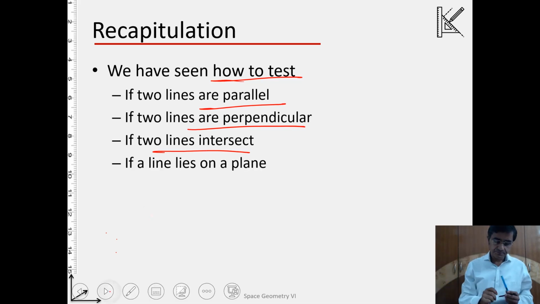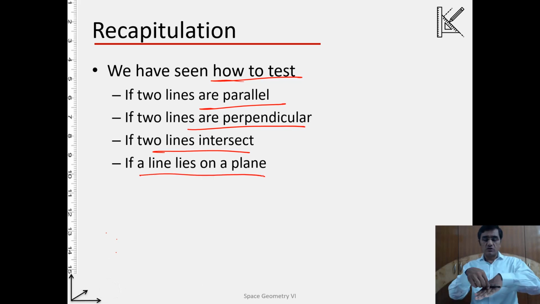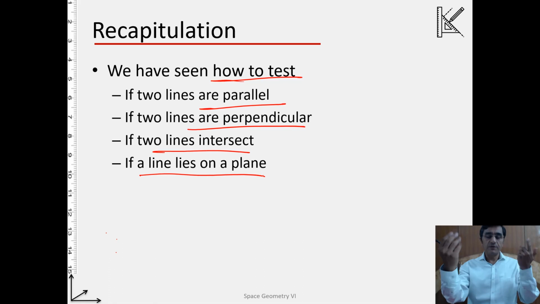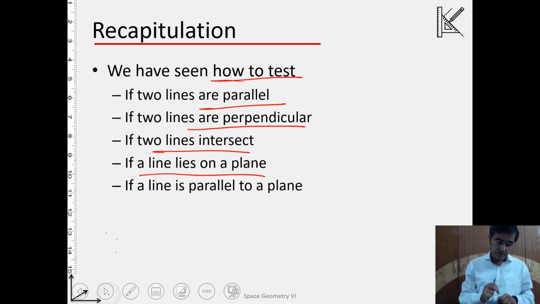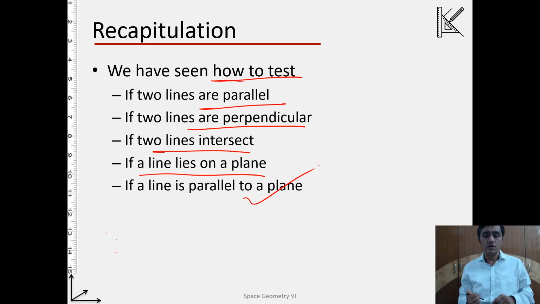Then we can also test whether a line is on a plane or not, and we do that by checking where the line is intersecting the edges of the plane. These two points, we see whether they are aligned along the projectors on two adjacent orthographic views. So we have done that. We can also see whether a line is parallel to the plane.